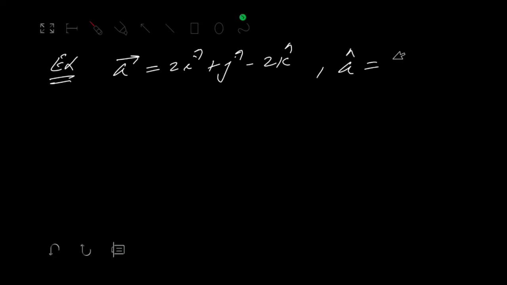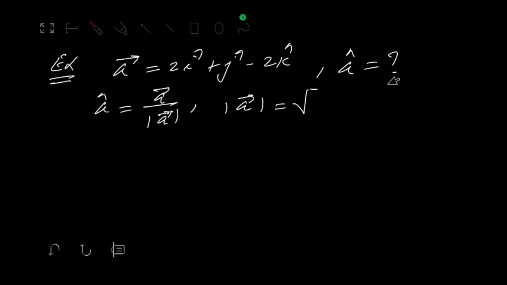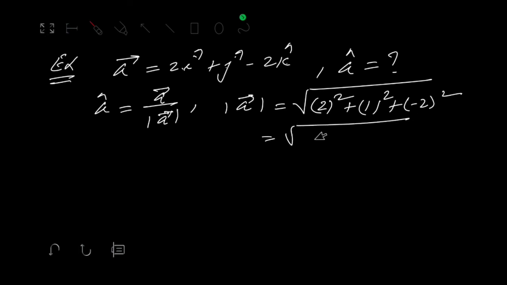As we know well, A cap is equal to vector A divided by magnitude of vector A. So we first need to find the magnitude of vector A. Magnitude of vector A is equal to under root 2 square, that is the coefficient of i cap square, plus coefficient of j cap square, that is 1 square, plus coefficient of k cap square, which is minus 2, so minus 2 square. If we simplify this, we get 4 plus 1 plus 4, which is equal to under root 9, which is equal to 3.